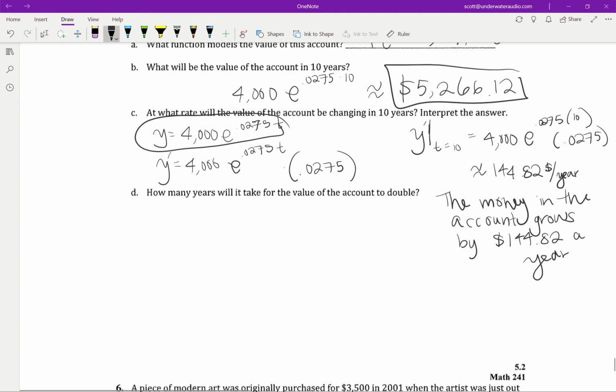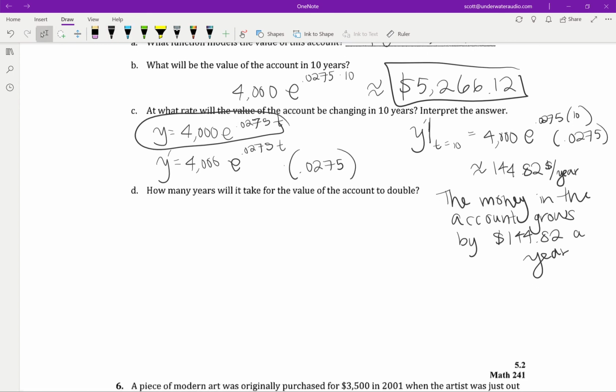So part D says, how many years will it take for the value of the account to double? So it started with 4,000, so 8,000 is double. And then I would divide by 4,000, but I already know that's 2.